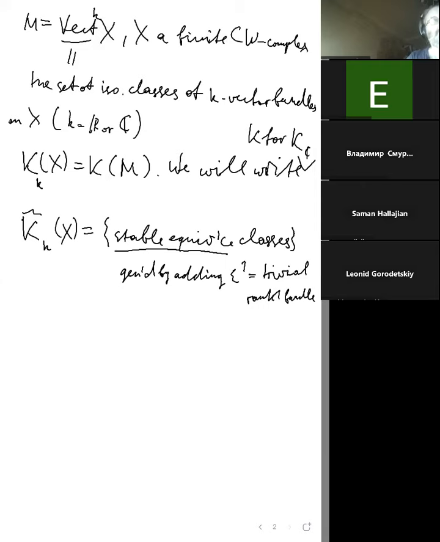Let's see. So first of all, I have a map from K without the tilde to K tilde.